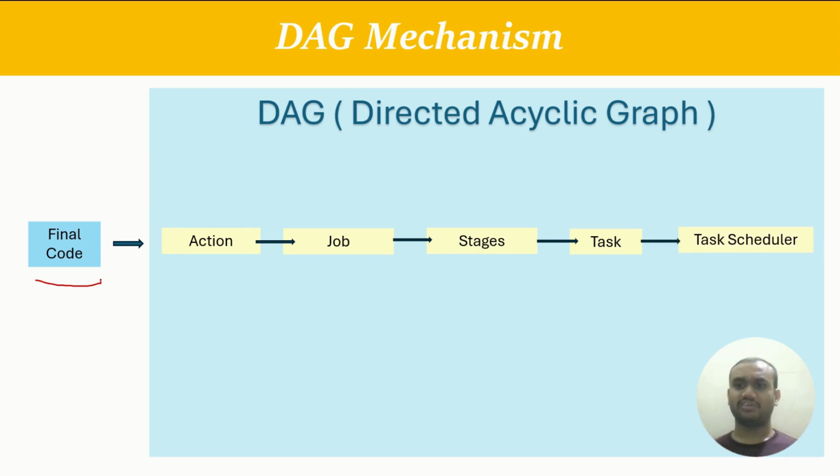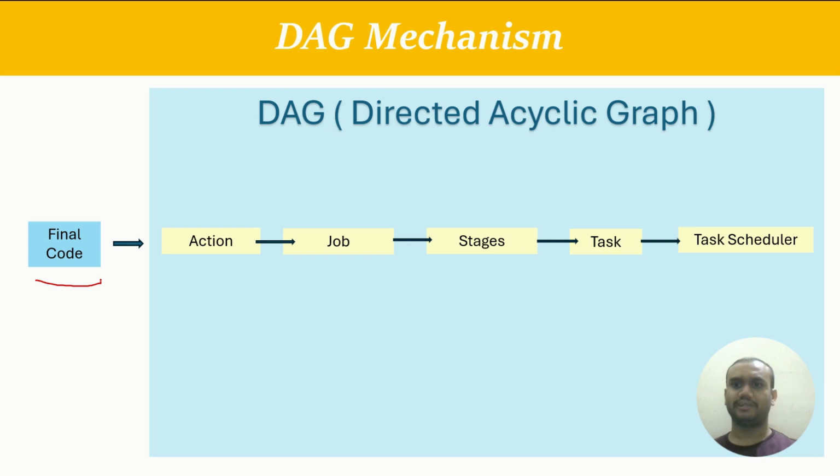Once we already have what all stages, tasks, and jobs are available, there will be the task scheduler. A task is the actual work to be done: which executors are going to pick which container and how they're going to perform it.